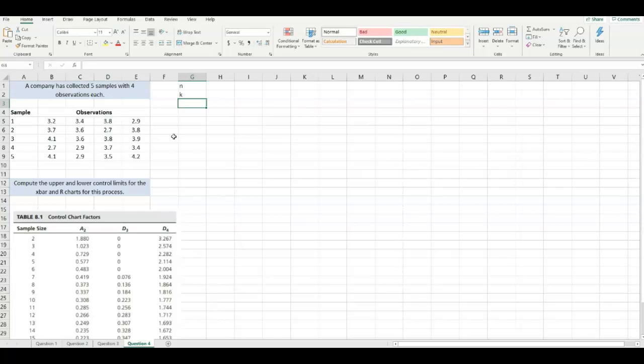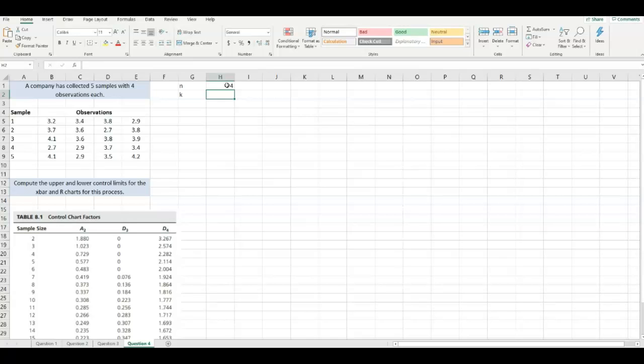All along in this class, N has always represented your sample size, right? How many pieces of data are in this sample? Same idea here. So if we take a look, we have 5 different samples, but in each sample, we have 4 observations. So your N is 4.